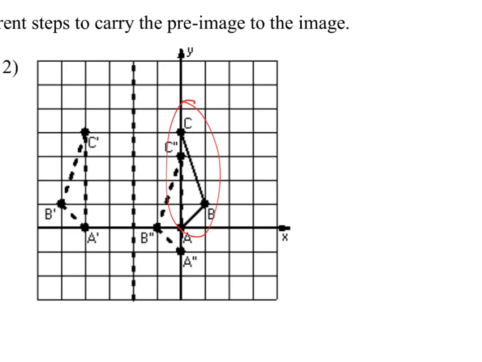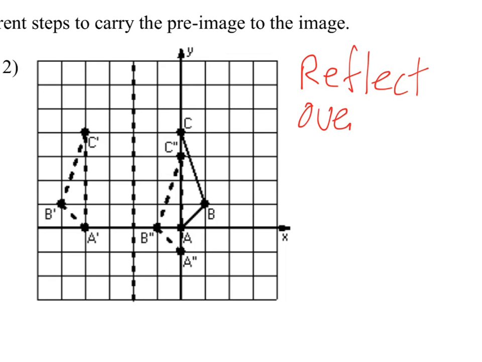Moving on to the next one. It looks like we're starting here, and then this one's our next spot. We had to reflect over this line here, so this one's also starting with a reflection. So this is a reflect over this line here in the middle, since it's vertical, is an x equals line, and that x value there is -2, so reflecting over x equals -2. And then the next one, it's keeping the same orientation as it shifts to this next part, so it's just going to be a translation.